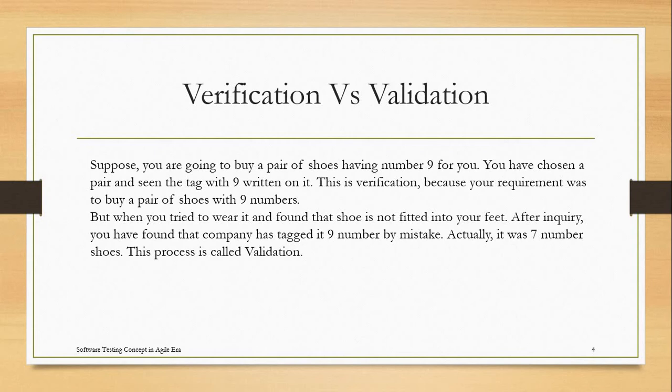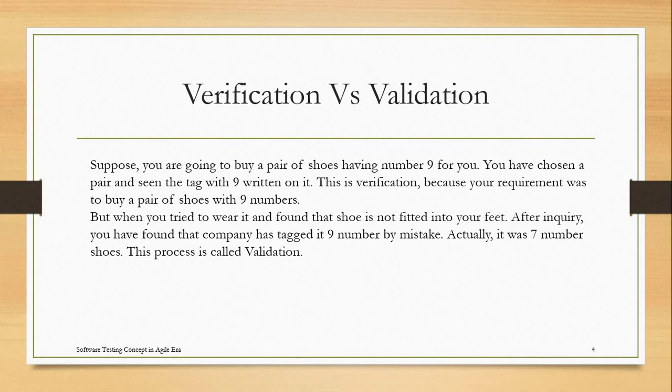You saw the 9 number label is there, which means you have verified. Your requirement was 9 number shoes, and what you saw was a pair of 9 number shoes, right? So verification is done and it is passed.